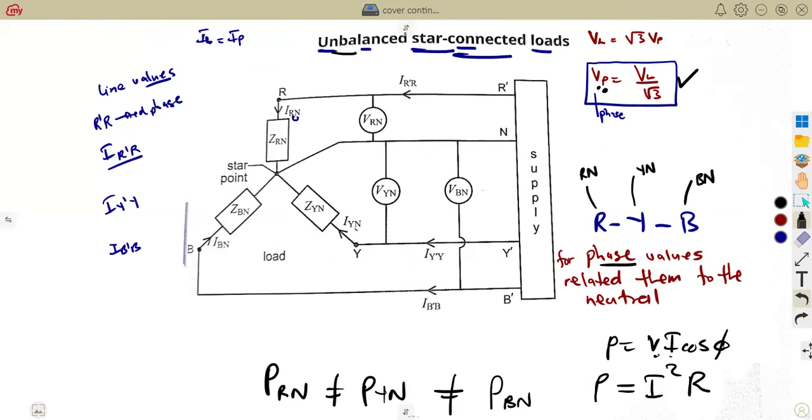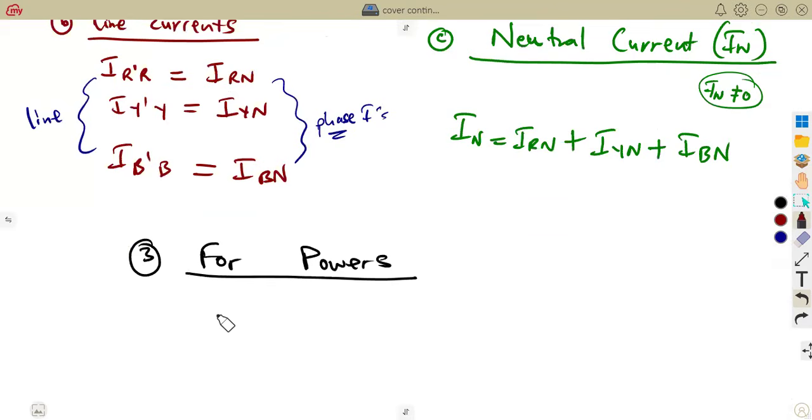So meaning to say, with this power, guys, let's say we're talking about the red phase. You're simply going to work with the red phase. That is what it simply means, guys. All right. So we saw that power can be calculated. So if it is power for the red phase, using that power is current squared times resistance.